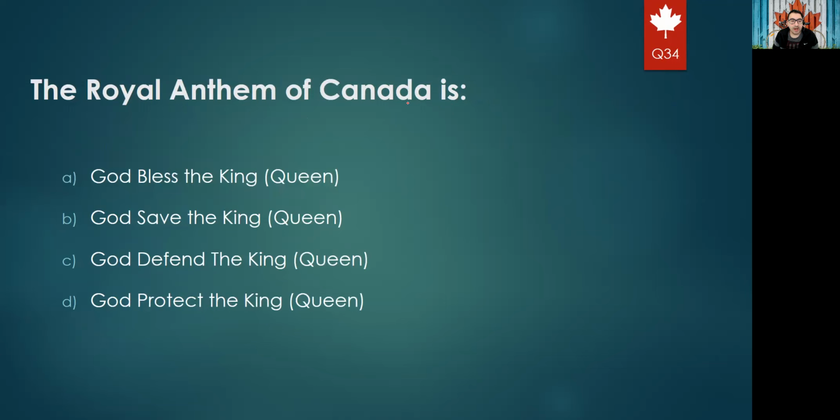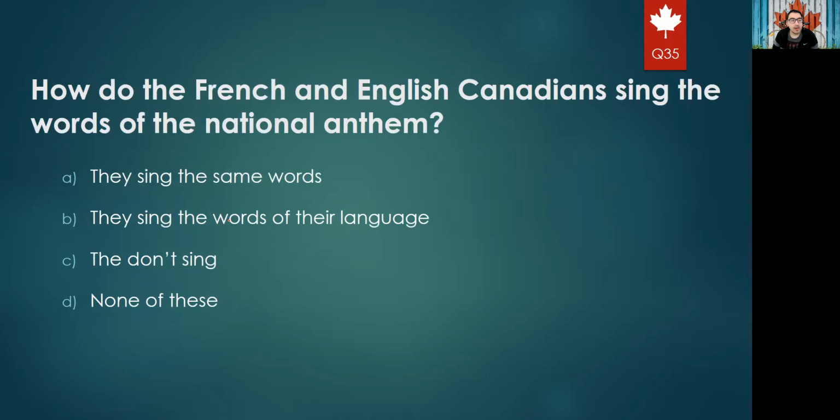The royal anthem of Canada is God bless the king or queen, God save the king or queen, God defend the king or queen, or God protect the king or queen. The answer for sure is God save the queen or king. Now it is king for sure. How do French and English Canadians sing the words of the national anthem? They sing the same words, they sing the words of their language, or none of these.